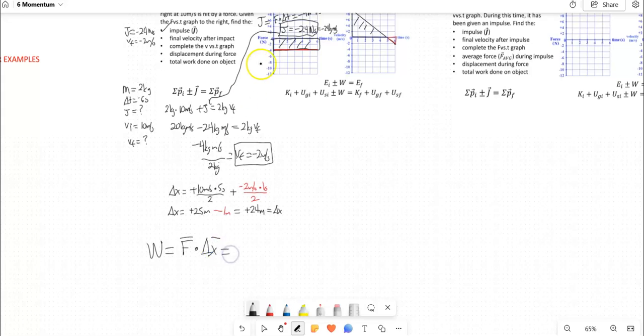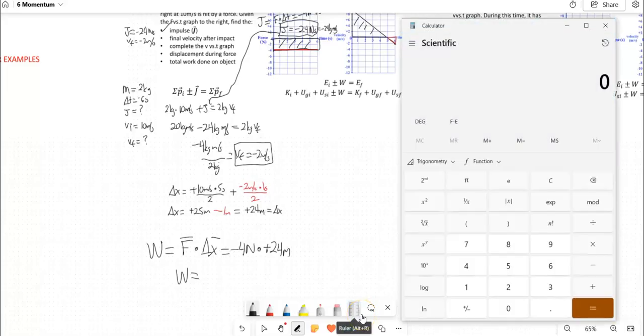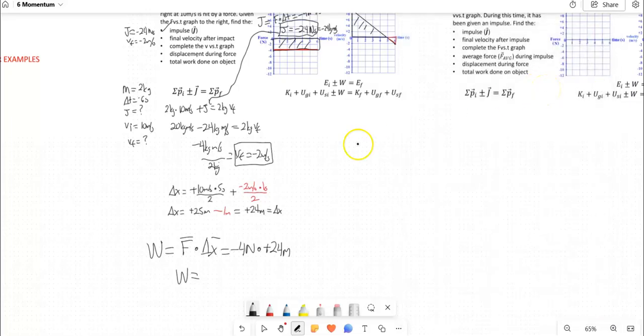So our force, which is a constant force, is negative 4 newtons times displacement, which is positive 24 meters. So our work here is going to be 24 times 4, so that's 96, which is going to be negative 96 joules.